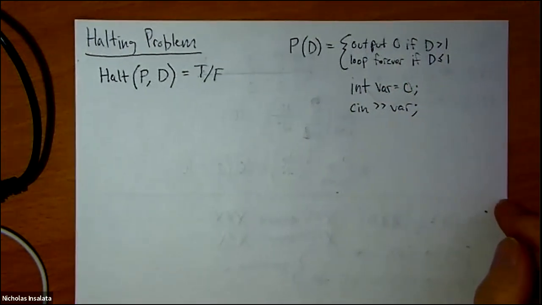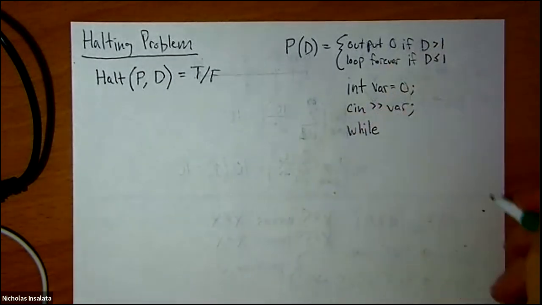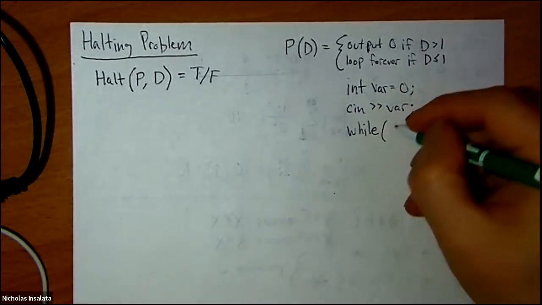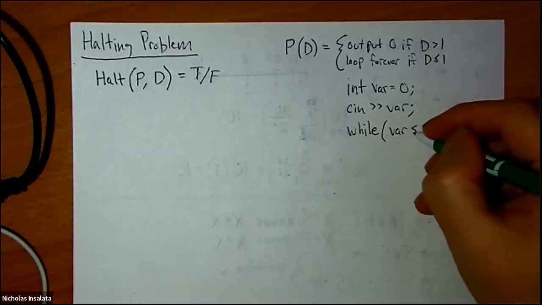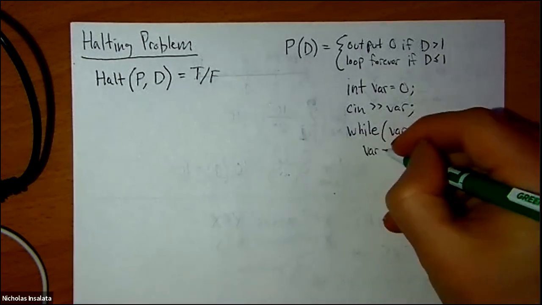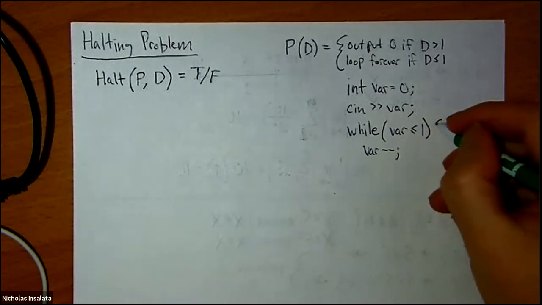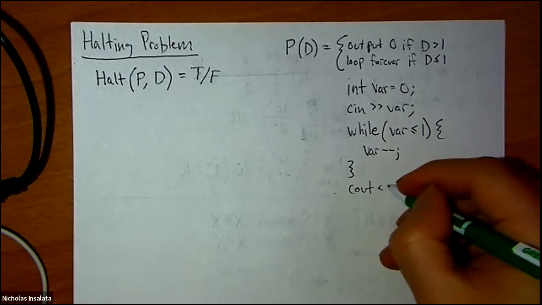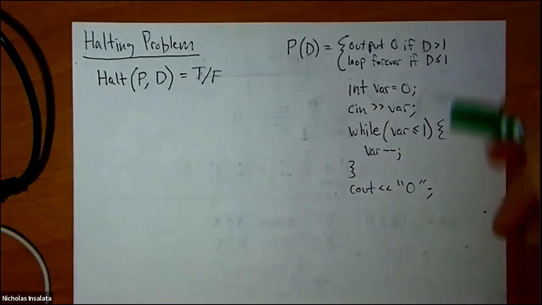And then I have this while loop, and the while loop says while var is less than or equal to 1, var minus minus. Cout 0. Okay, so there's my program.